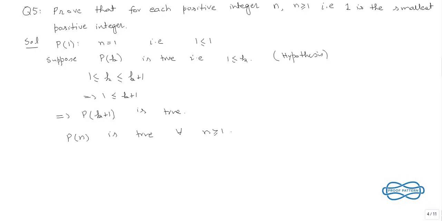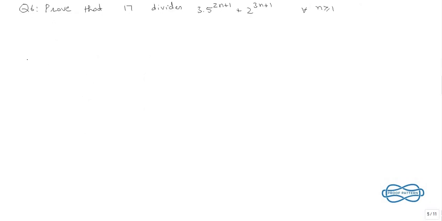Okay. Next exercise is question 6, and the statement is that prove that 17 divides 3 multiplied by 5 to the power 2n plus 1 plus 2 to the power 3n plus 1. Okay, one thing which should be clear is that this dot is not the decimal point. It means this number is not 3.5. Actually, in number theory, we deal only with integers.